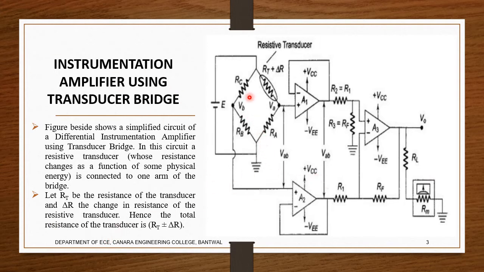Now consider that the bridge is unbalanced. RT plus delta R has been obtained through a change in some physical quantity.